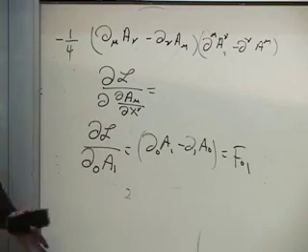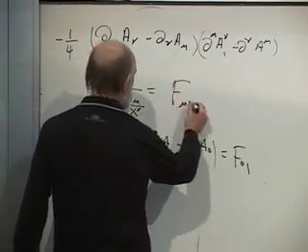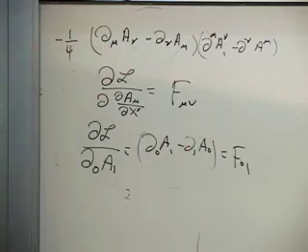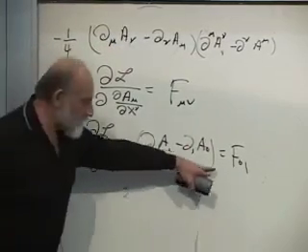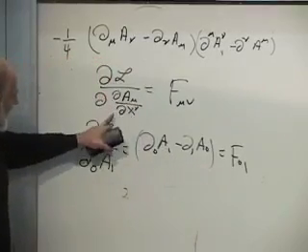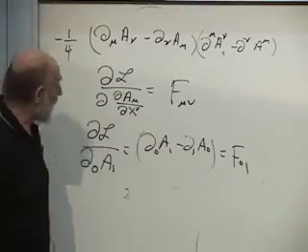What could it be except for f mu nu? And it is. Just like we showed that the derivative of the Lagrangian with respect to d naught a1 is f naught 1, the general formula of this type is just f mu nu.